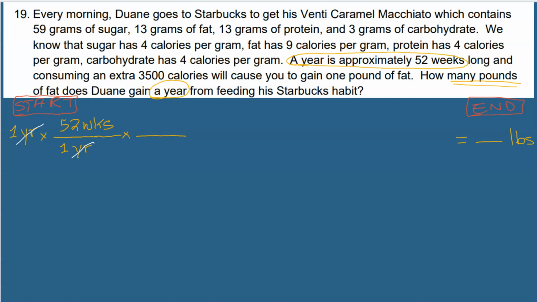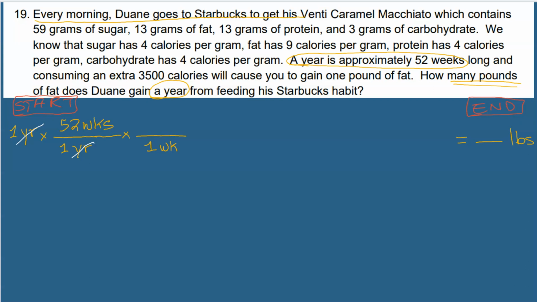So what's going on with weeks? Let's read the problem again. Every morning Dwayne goes and gets Starbucks. So what would he do in 1 week if he was going to Starbucks every morning?